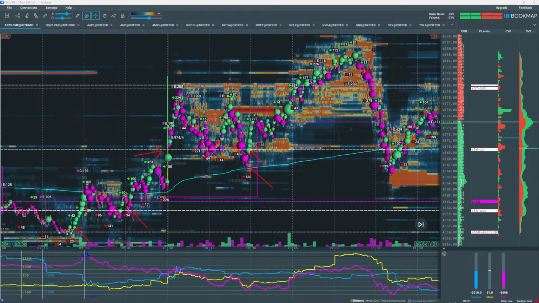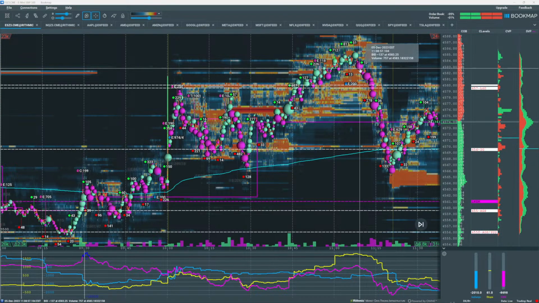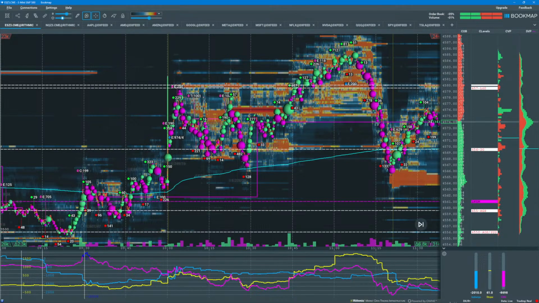So there's the long setup this morning. This was a pretty sharp drop. I'm not sure if there was any news. We'll take a look and see what the Magnificent Seven was doing in just a minute.